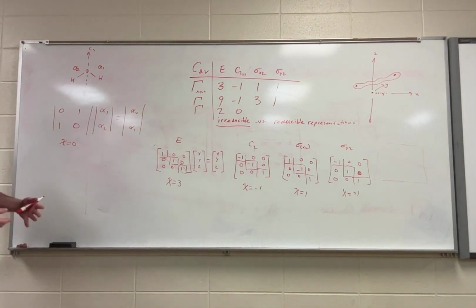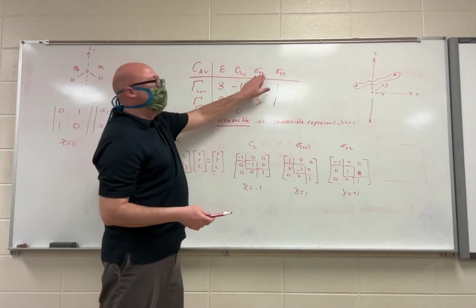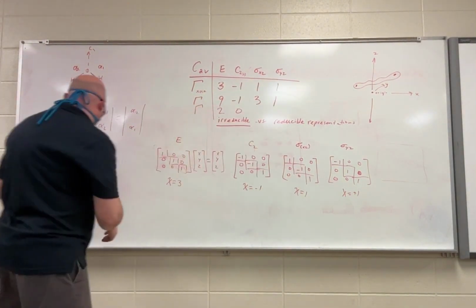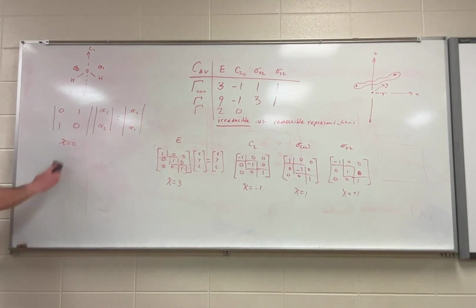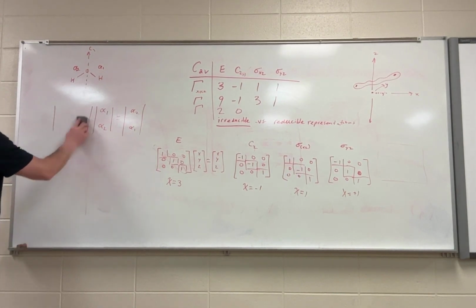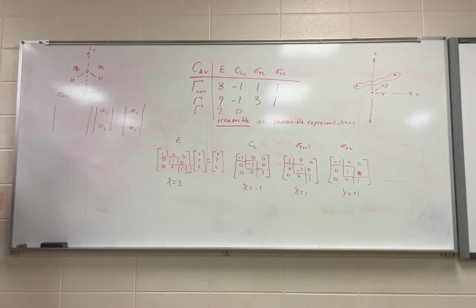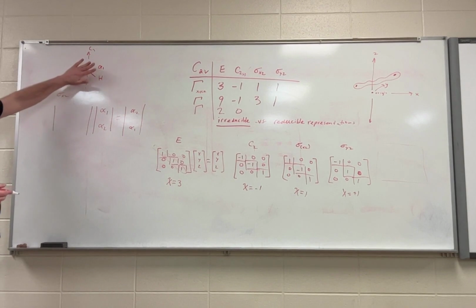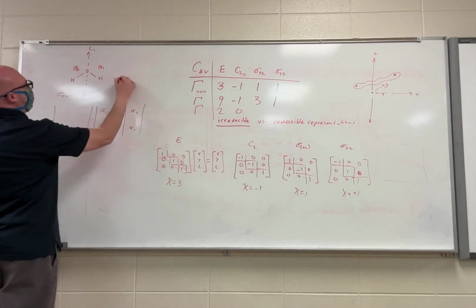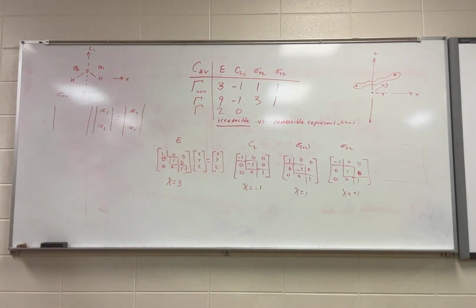And then I do the same thing for the mirror plane sigma xz and the mirror plane sigma yz. So if I take sigma xz, excuse me, the whole molecule is in the xz plane. We get to choose that. If you wanted to, you could make the whole molecule in the yz plane.